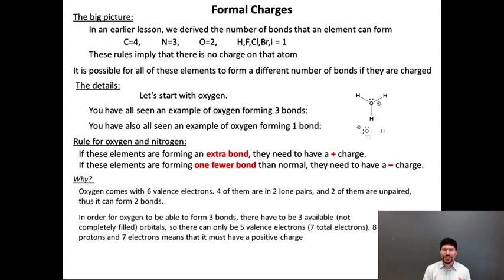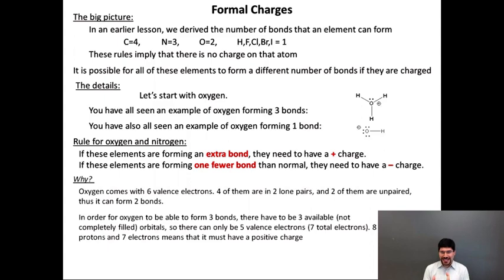In order for oxygen to be able to form 3 bonds, there have to be 3 available orbitals. And when I say available orbitals, I mean not completely filled and not only 2. In order to have 3 available orbitals, that's 3 valence electrons, there can only be 1 lone pair, so there can only be 5 valence electrons on oxygen if it's forming 3 bonds.